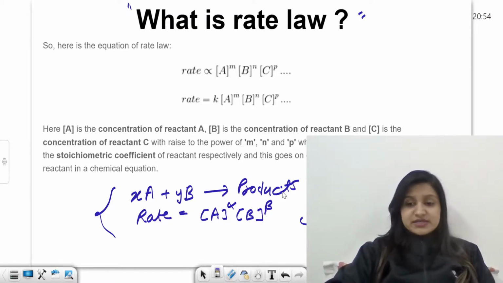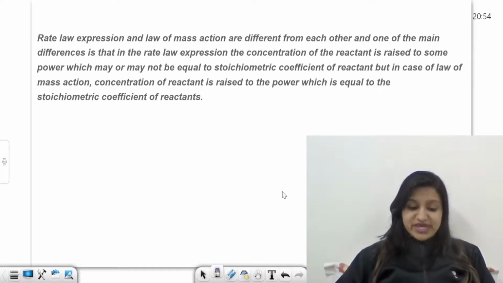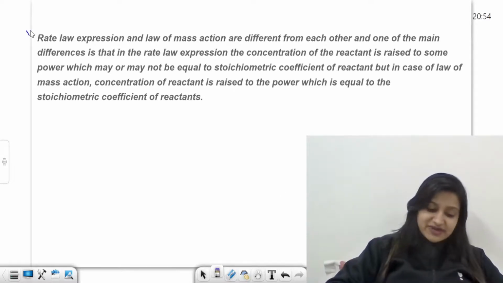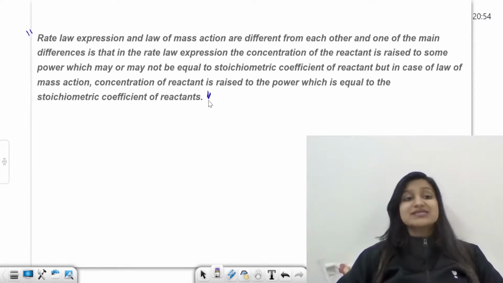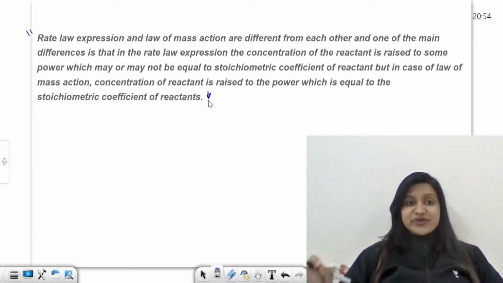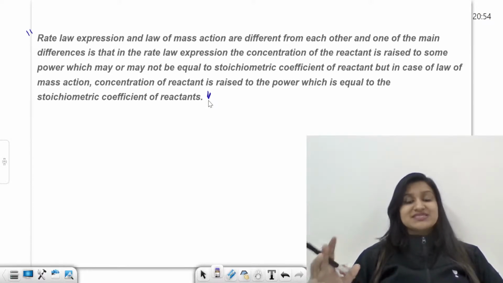All right. Now, the rate law expression. This is a very important statement for you guys. The rate law expression and the law of mass action are different from each other. Sometimes students get confused between the two.